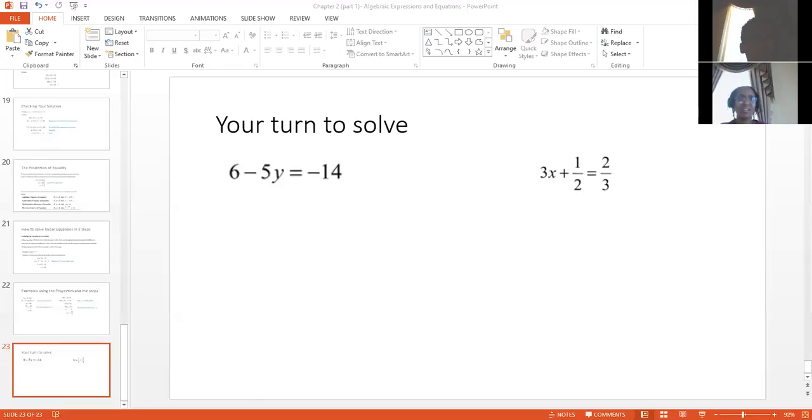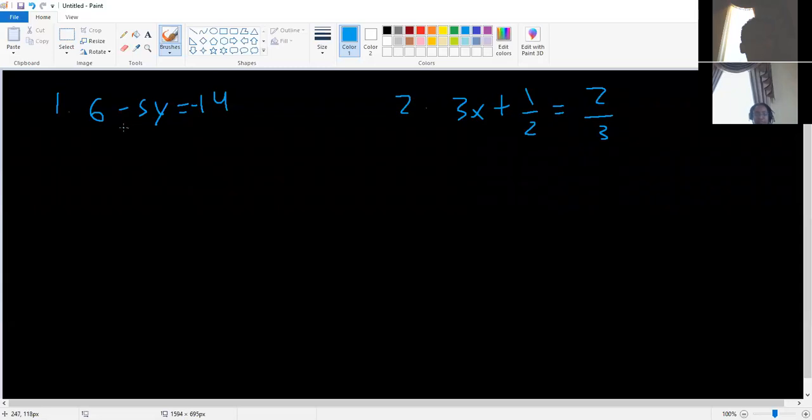Okay, good. So number one, we have 6 minus 5y equals negative 14. The variable here is y, so our goal is to isolate this variable. So use the subtraction property of equality. We subtract 6 on both sides. The 6 cancels out, and we're left with negative 5y on this side. And negative 14 minus 6, you're going to the left 6, so you have negative 20.